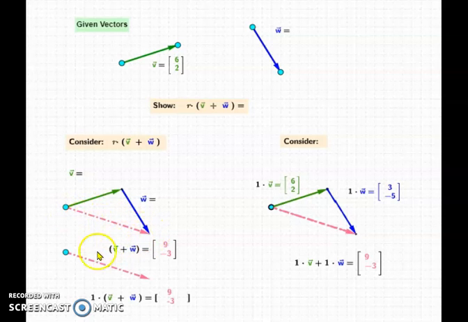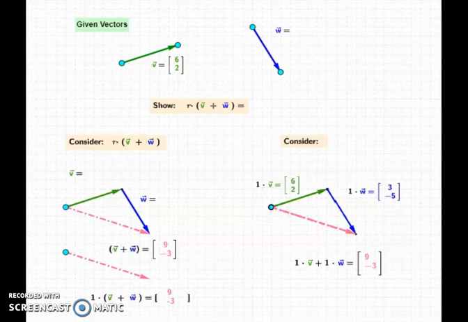Ito yun siya, yung pink, or that is this vector here. Okay, on this side naman, this is our vector v, this is our vector w. So the sum of that is this vector, so it's equal to this one. 1 times v, this is 1 times w. This is just equal to v, this is just equal to w, because our r in this case is just equal to 1. So if r is equal to 1, ito at saka ito are the same vectors.